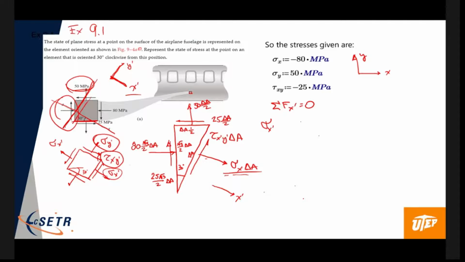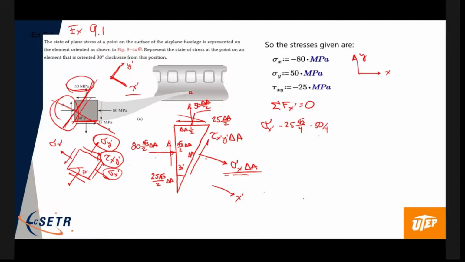The 25 is in the negative direction, and it's a cosine of 30, so it's negative 25 rad 3 on 4. The 50 is a sine, so that is also in the negative direction, negative 50 over 4.